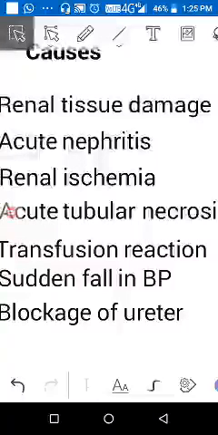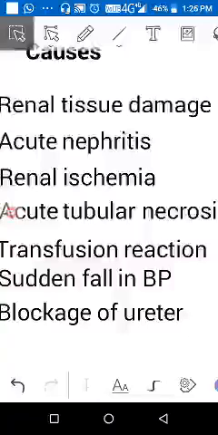The blood pressure can decrease. If the blood pressure is decreasing, the usual or proper amount of blood cannot go into the kidney. So if the blood is not going into the kidney, the filtration also does not occur.